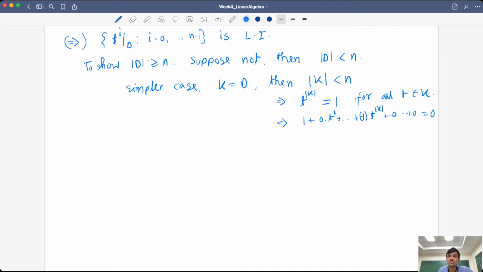Because this 1 minus t power k is 0. So this is happening for this collection. So this implies that this collection is not linearly independent, right? So contradiction to the hypothesis.